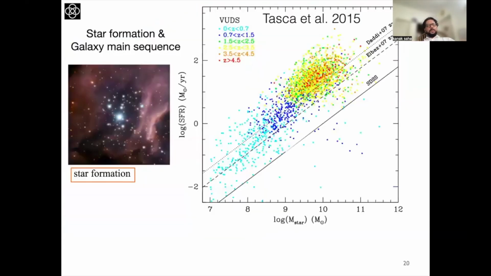Star formation. Stars form in the molecular cloud, and we can actually estimate the star formation rate in galaxies by calculating the amount of young stars that are forming. One can look at various tracers of star formation.